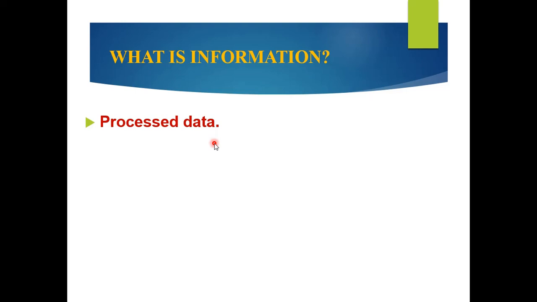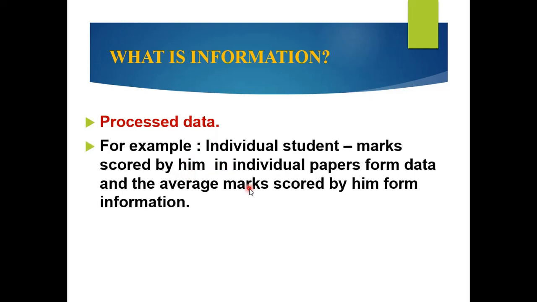But data means it is the fact or the figures or statistics which has to be processed to produce meaningful information. Okay, so information will be meaningful. Information is processed data. For example, here you can see the marks scored by an individual student in an individual paper form data.